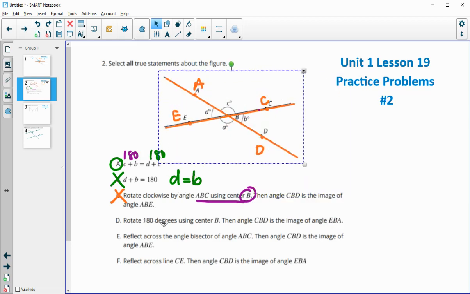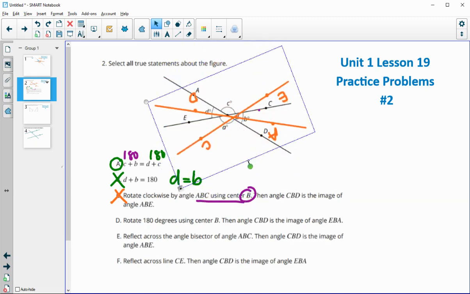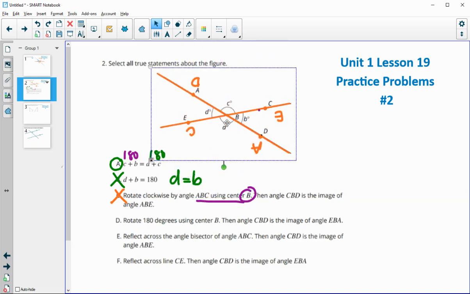So D says rotate 180 degrees using B as the center. So now we're going to rotate 180 degrees. You can watch this point E, my green dot, go all the way to the bottom. That'll be a 180 degree rotation, and we wanted B to stay in the same spot.